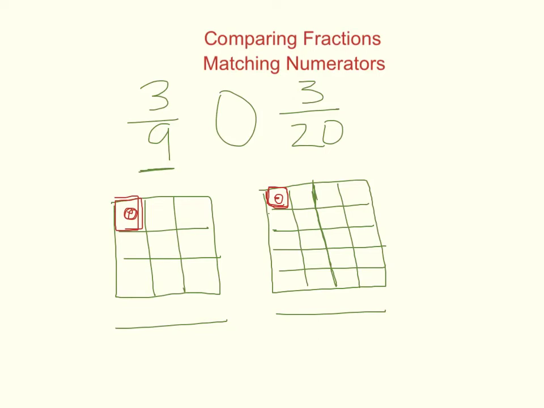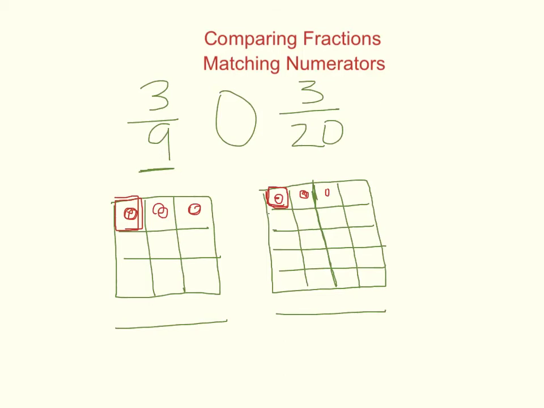So if I'm comparing 3/9 to 3/20, I know from looking at this that by getting 3 pieces out of 9, I'm getting a bigger bang for my buck than I'm going to get for 3 pieces out of 20. Again, if you break a candy bar into 9 pieces and a candy bar into 20 pieces, which group would you rather have, the 3 pieces from the 9 or the 3 pieces from the 20?